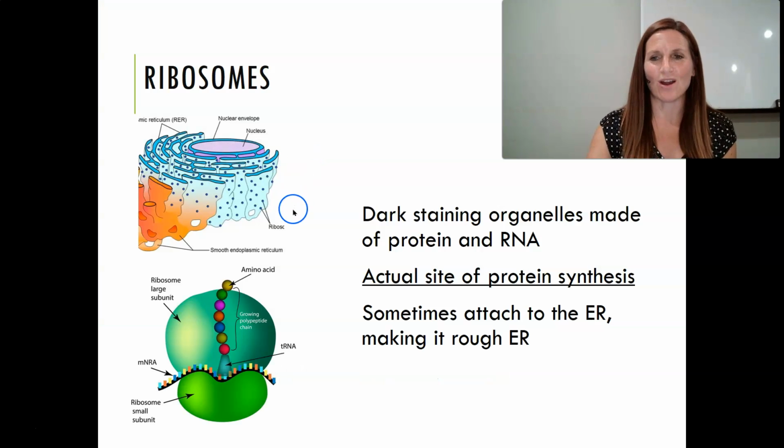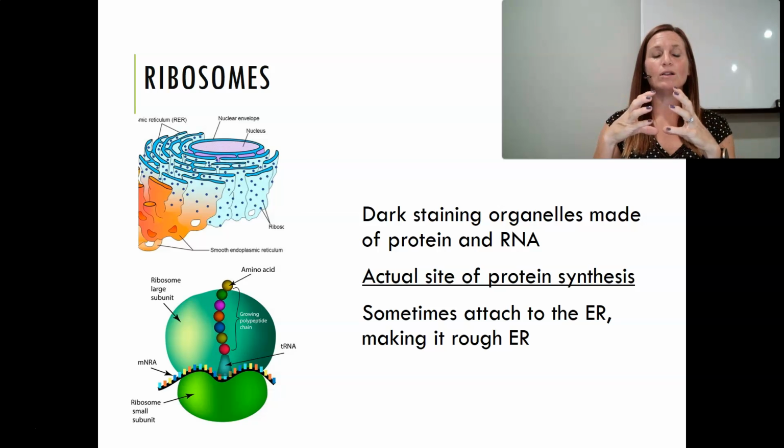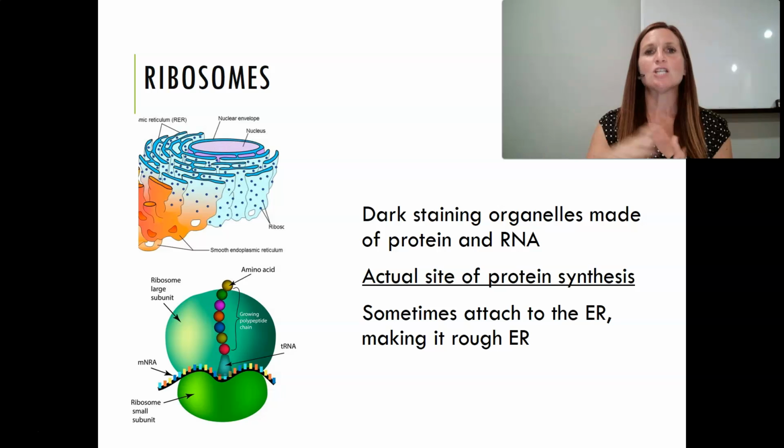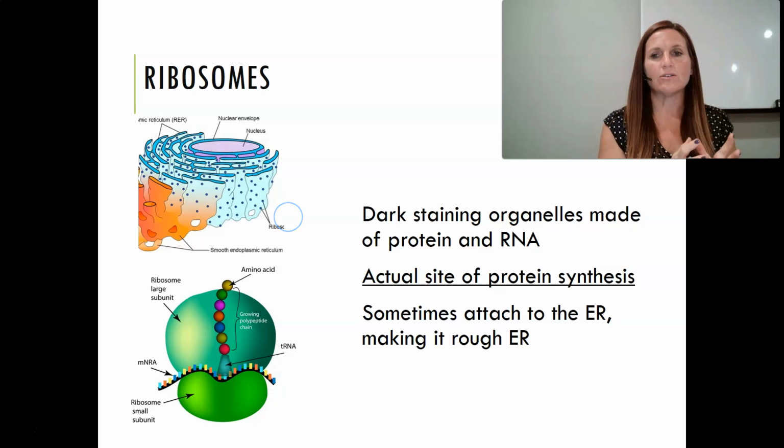Ribosomes do the hard work. So a ribosome is just a small little portion of the cell. And the ribosome is where protein synthesis happens. We know that the instructions for making a protein are stored in the DNA, but the machinery, the organelle that actually makes the protein, the physical doer of making the protein, is a ribosome.